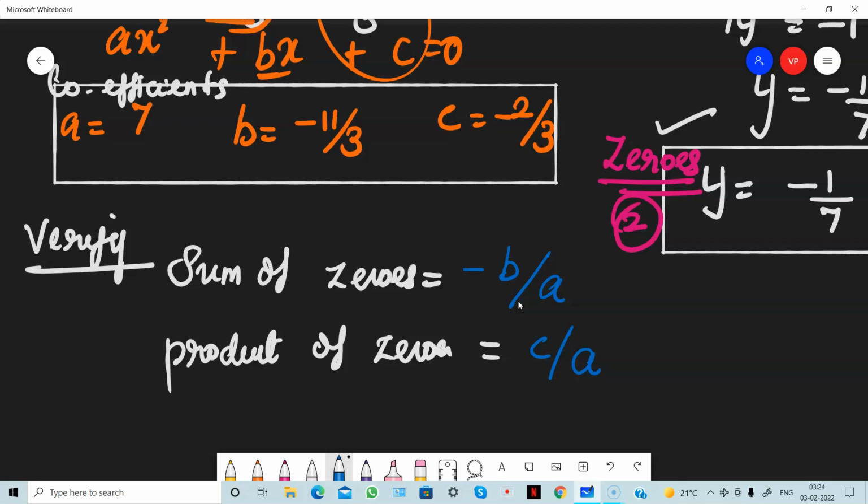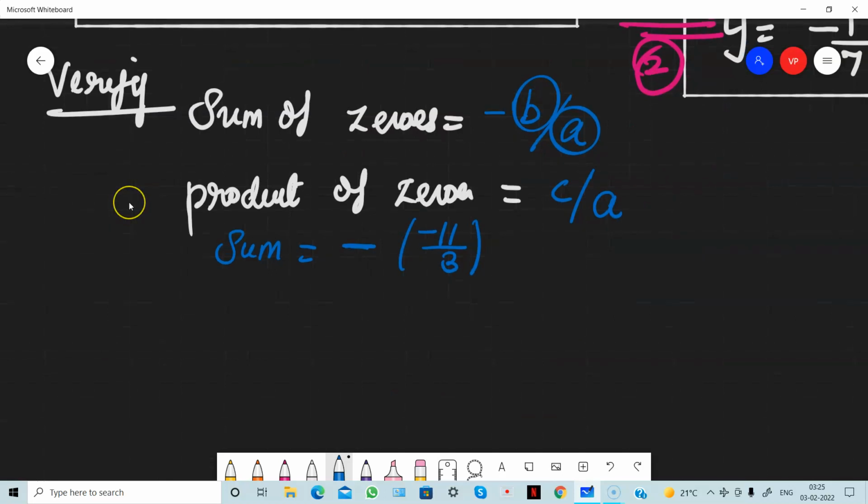So, I'm going to find the sum, minus negative. What is your b and what is your a in the question? See, this one is your b. So I have to write minus 11 by 3. Then what is our a? It is 7. Okay.